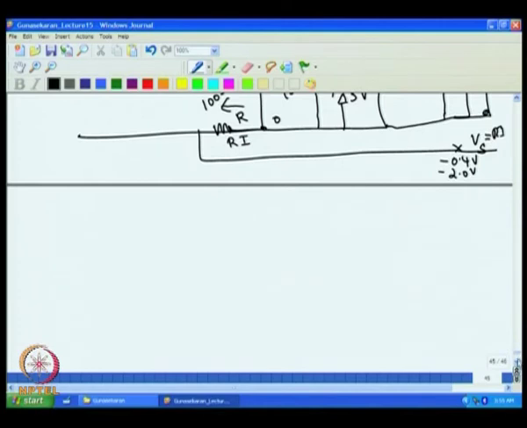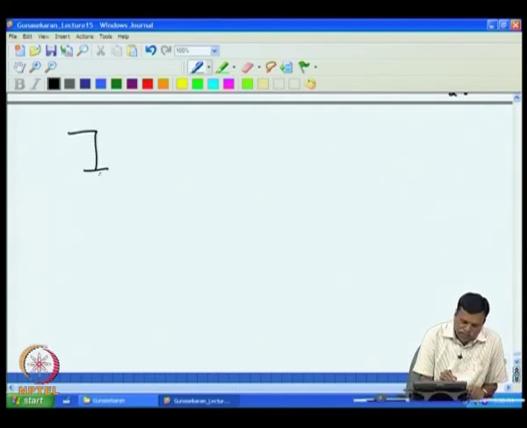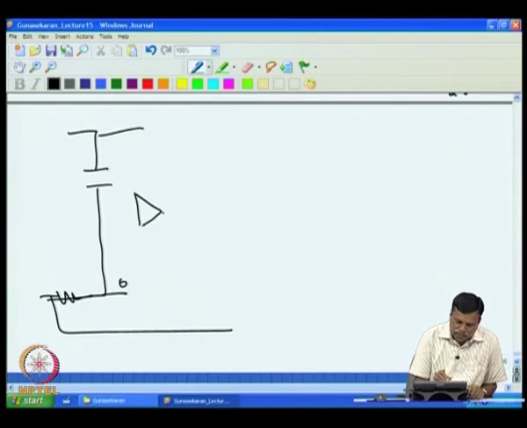Next, I will take this 10 volt supply and redraw it from this point. We have that capacitor here which is holding the voltage, and this is the resistance. This is our ground, and this voltage is the minus voltage, and we have here that operational amplifier and that resistance and so on, which we have discussed.